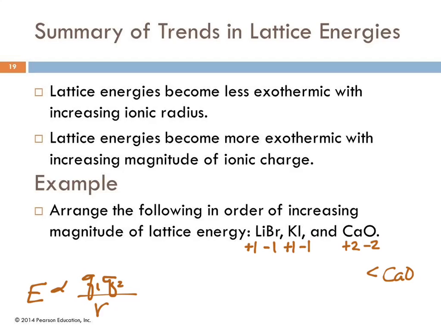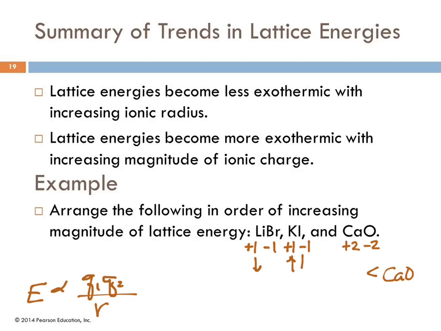And then we have to choose between lithium bromide and potassium iodide. So we need to look at the periodic table. Lithium and potassium, which ion is larger? Potassium is larger. So this one is bigger, and that one is smaller. Comparing bromide and iodide, which one's bigger?